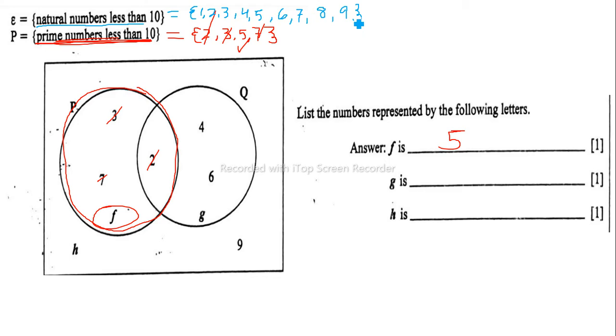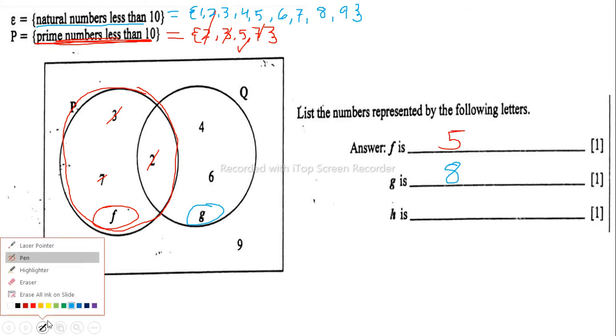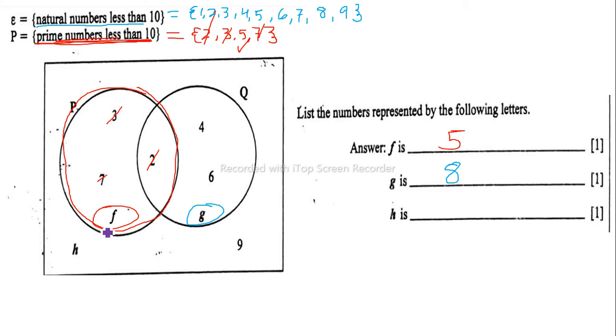I think that's the universal set. No, Q is even numbers, because we have 2, 4, 6, and 8. So G is 8. It's an interesting question. They really try to burst our brains with this. We have to be thinking. And then what number do we not have? What is H? 1. H is 1. Very good, Kennedy. Because 1 is neither prime nor even.